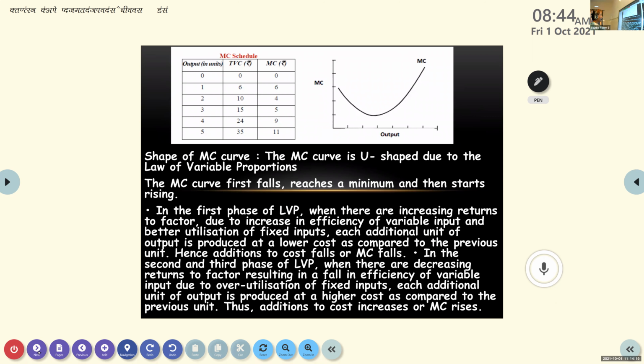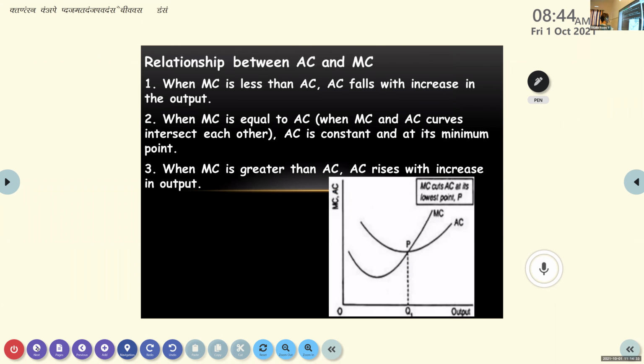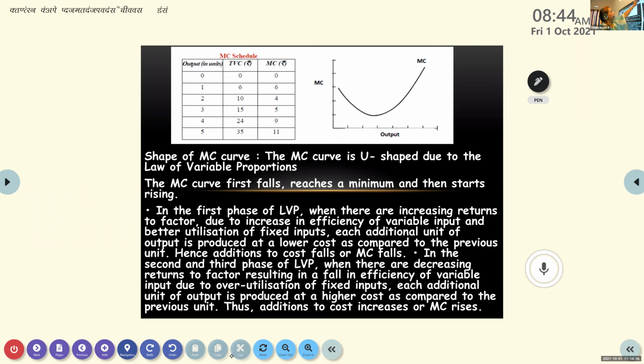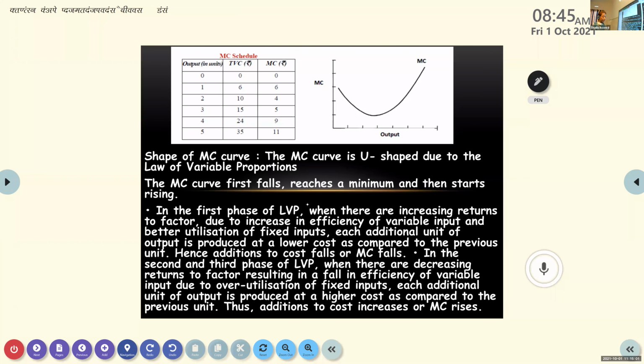Now, the shape of the MC curve or SMC curve, in the sense the short run marginal cost curve, is U-shaped.